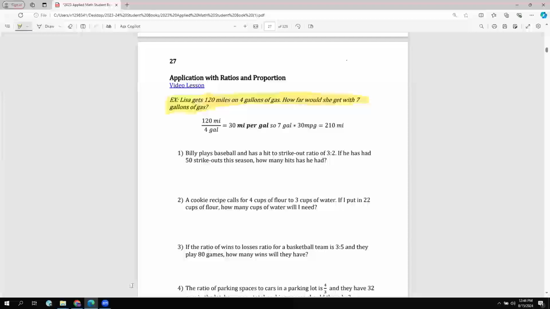It says Lisa gets 120 miles on 4 gallons of gas. How far would she get with 7 gallons of gas? I bet if we start talking about miles per gallon, and how far you can get on your vehicle per gallon of gas, this is something you've done.